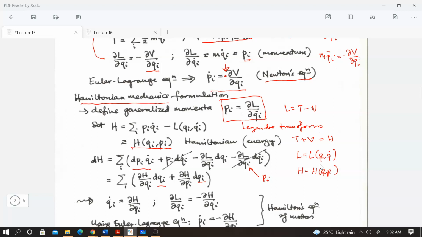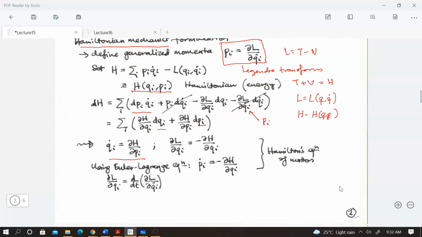That means dH dp_i equals q_i dot. And then the other one would be this one, partial L partial q_i with a minus sign dq_i. You compare with this, then essentially that tells us the partial H partial q_i is the negative of partial L partial q_i.